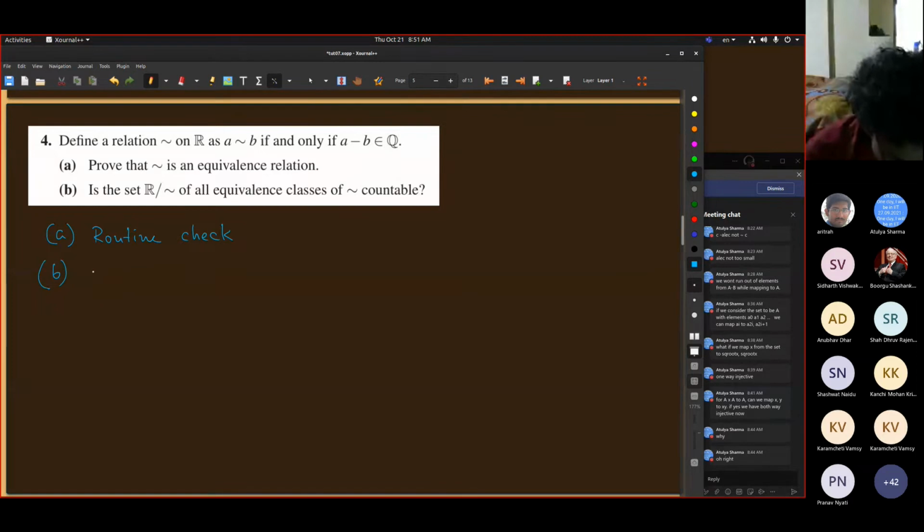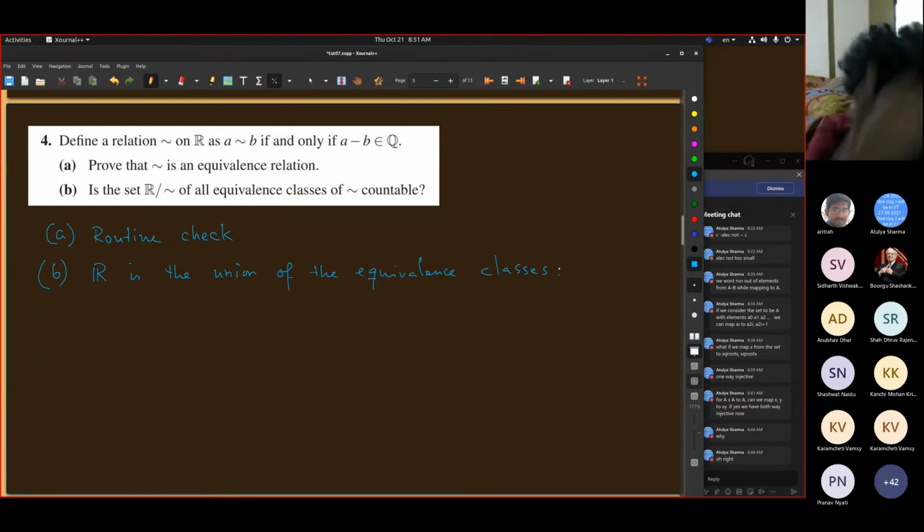First of all, R is the union, actually a disjoint union, of the equivalence classes. So R is the union of the equivalence classes, and the number of equivalence classes is exactly the size of this set, R by tilde.